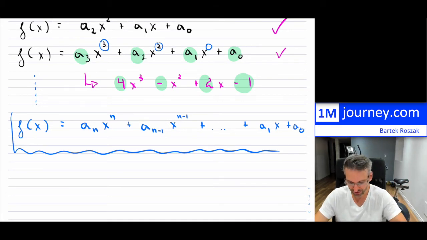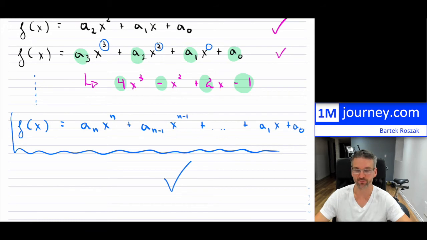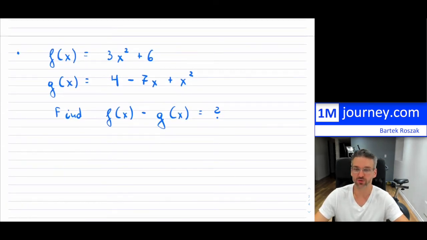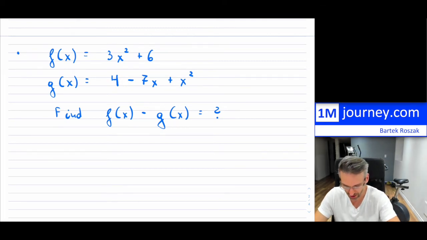So now with these polynomials that you have, let's do a few examples. And these examples shouldn't be too bad for you. So here is one example. I'm giving you two functions, f of x and then g of x. Okay, so here they are. These are the two that they give us.